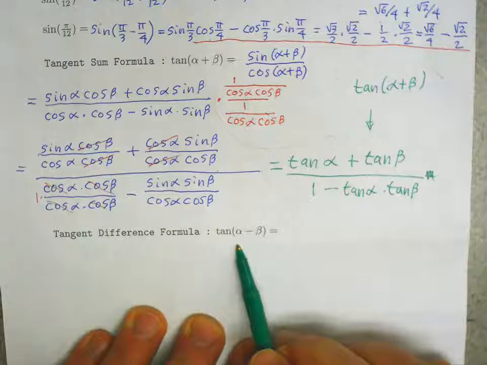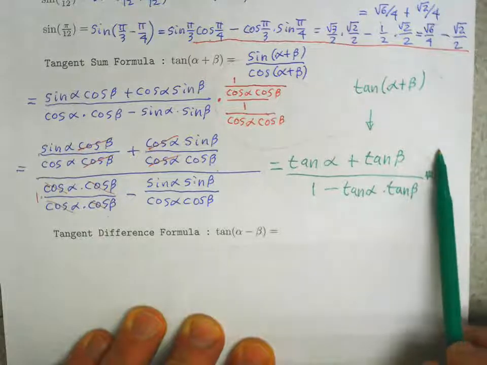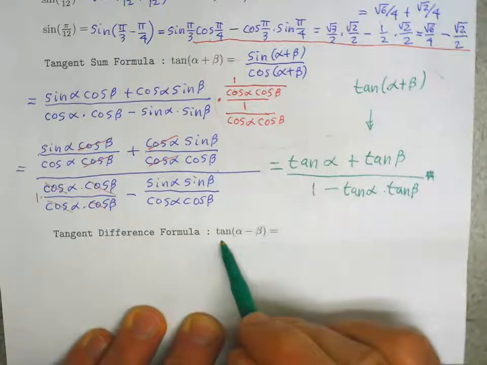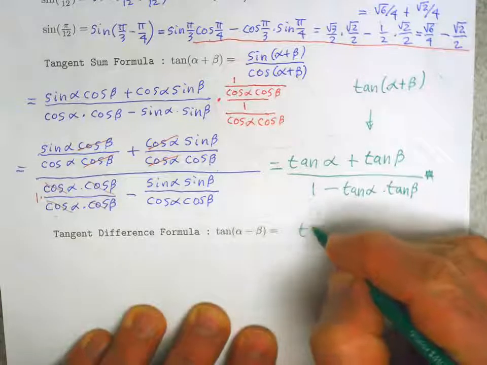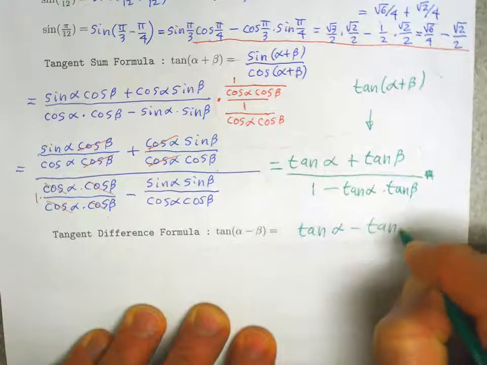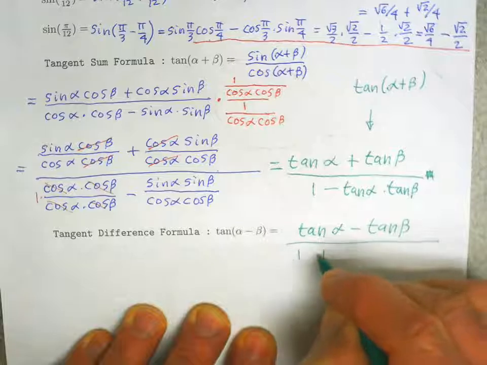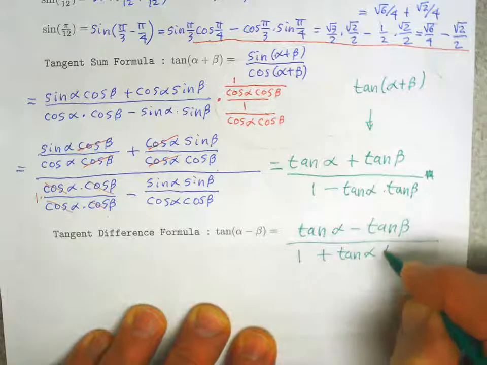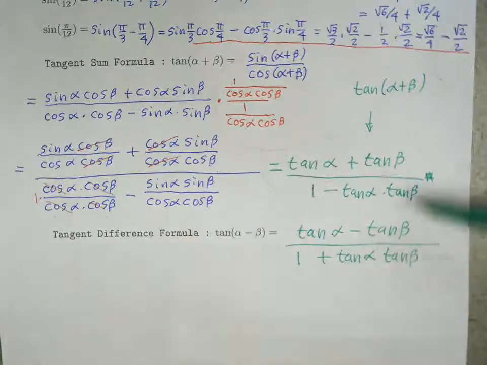But you can use the formula for the tangent sum to help you with the tangent difference. So tangent of alpha minus beta in the numerator is going to have tangent of alpha minus tangent of beta. And in the denominator, it's going to have 1 plus tangent of alpha times tangent of beta. So you can see how the two formulas are related.